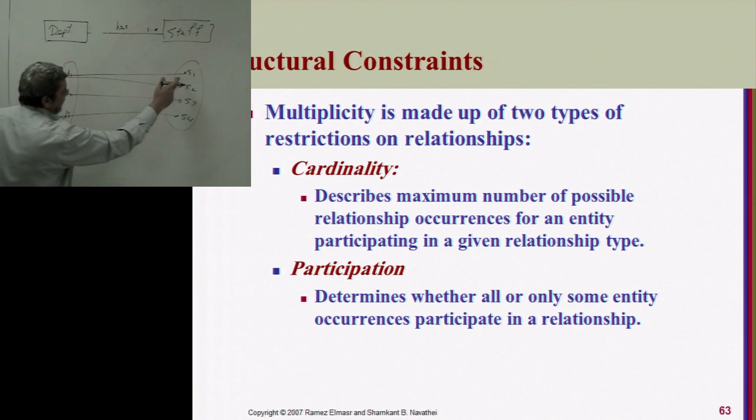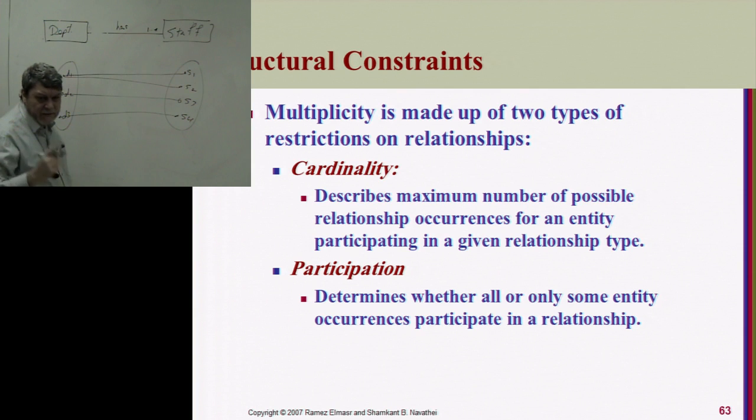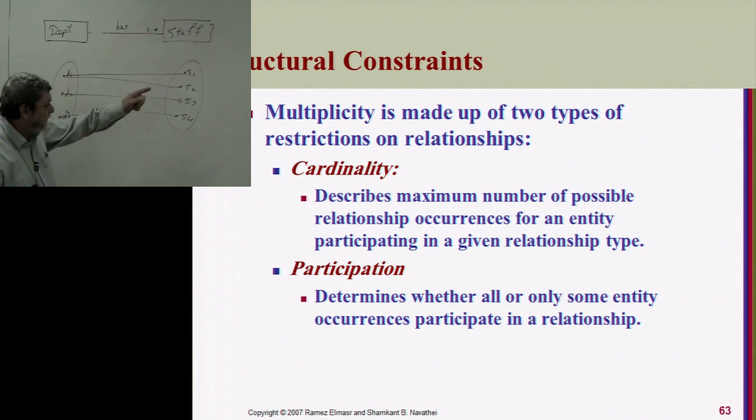So we say, okay, S1 has how many departments? S2, S3, everybody is linked to. So the maximum a staff can be linked to a department is 1. The maximum number of departments a staff can work for is 1.